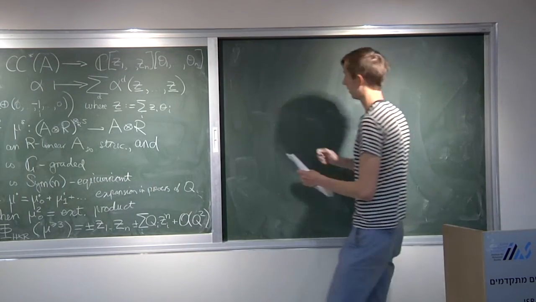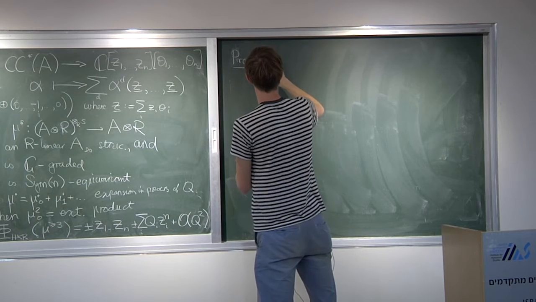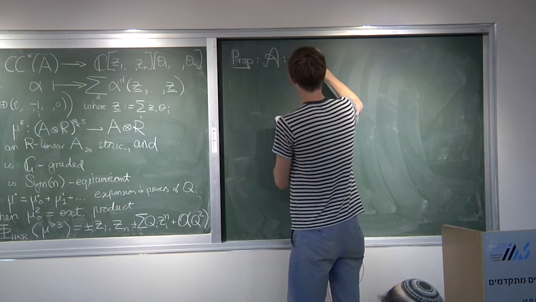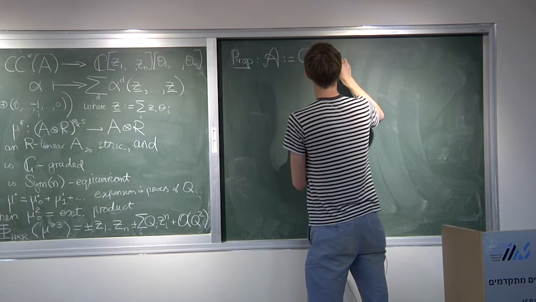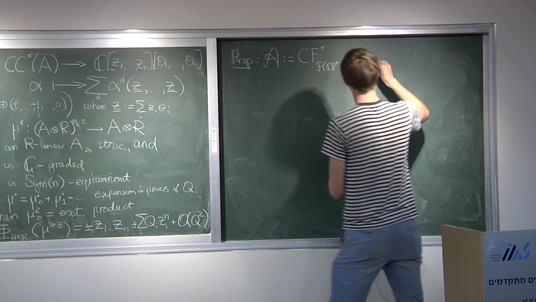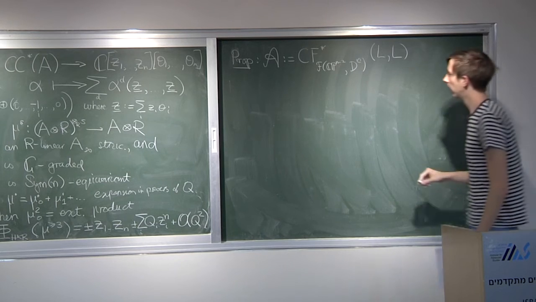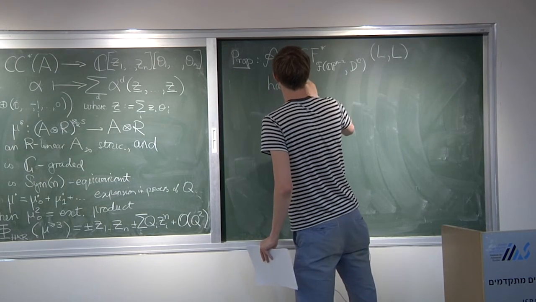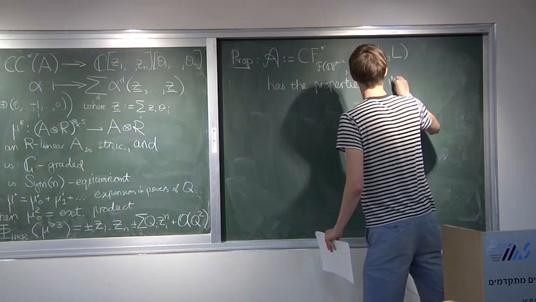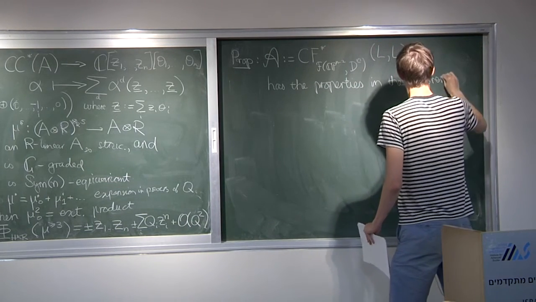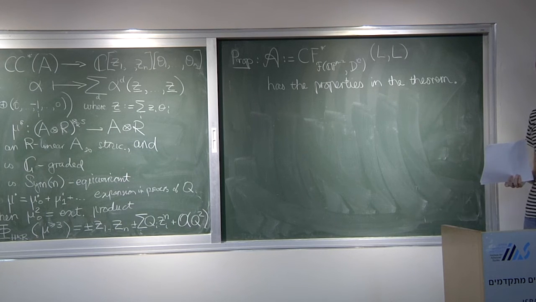So the final result I want to say is that when we take this immersed Lagrangian sphere L, this has the properties enumerated in the theorem.